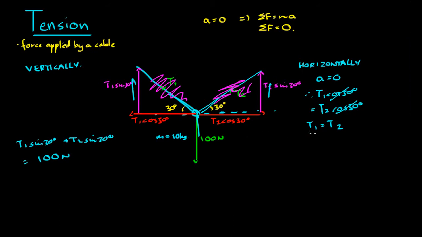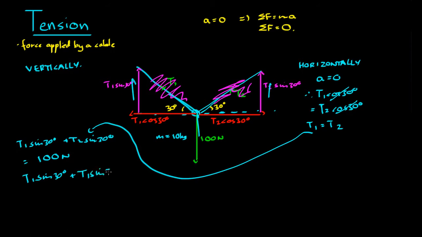And we also know T1 equals T2, so we can sub that in here, replacing T2 with T1. So we have T1 sin 30 plus T1 sin 30 equals 100.